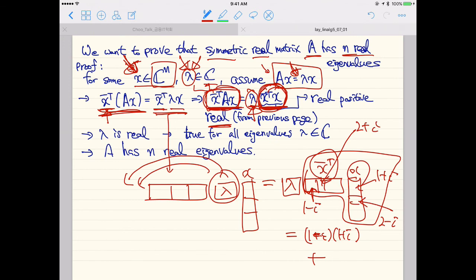Even though for a 3 by 3 matrix you will have 3 roots of the characteristic equation, where one can be real and two can be complex, that is also possible in general. But when using this theorem, those should also be real numbers. So this proof is saying that if your matrix A is symmetric, even though you started with the general assumption that you may have complex numbers as eigenvalues, they are always real numbers.